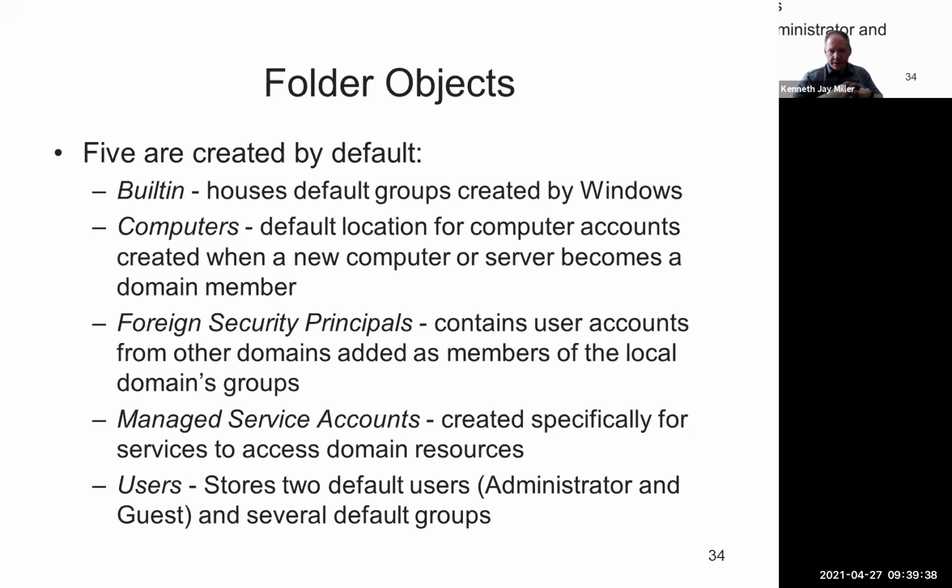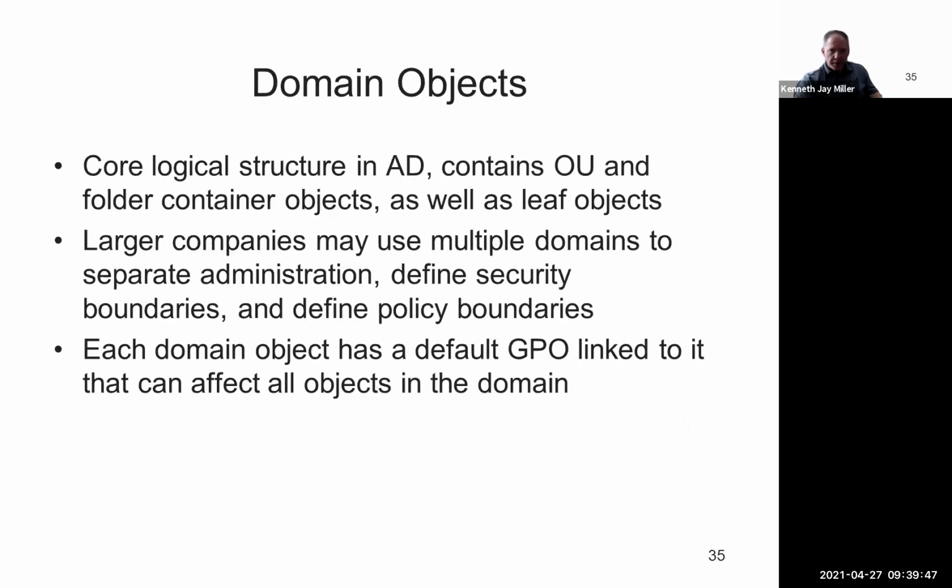That's the administrator account and the guest account. Okay. And then there's several groups that are created by default as well. All right. Now, the core logical structure in Active Directory contains both the OU and the folder, and then whatever is included in those known as leaf objects.